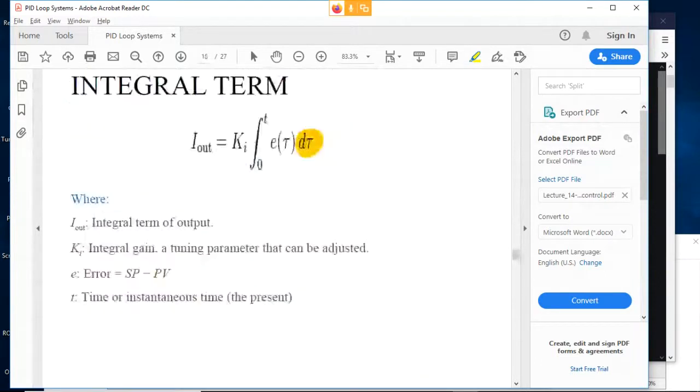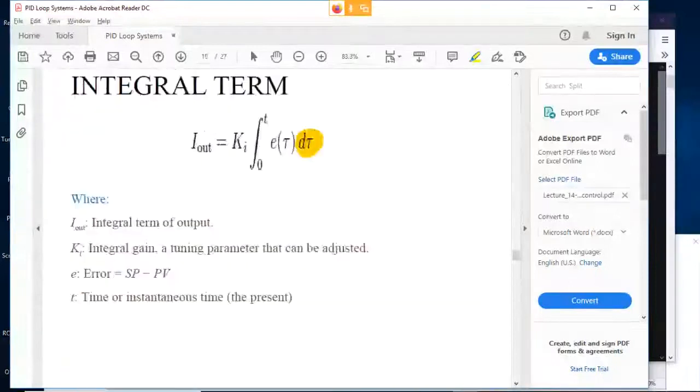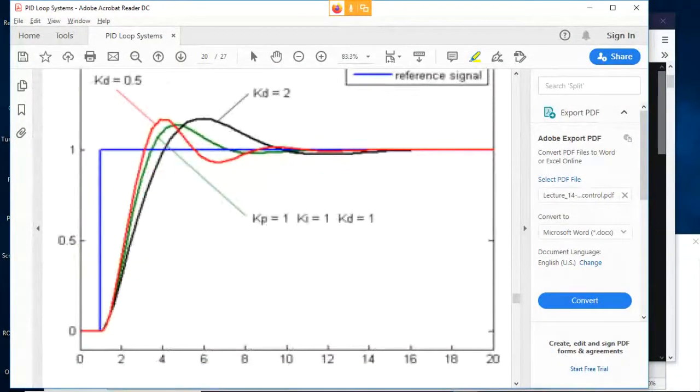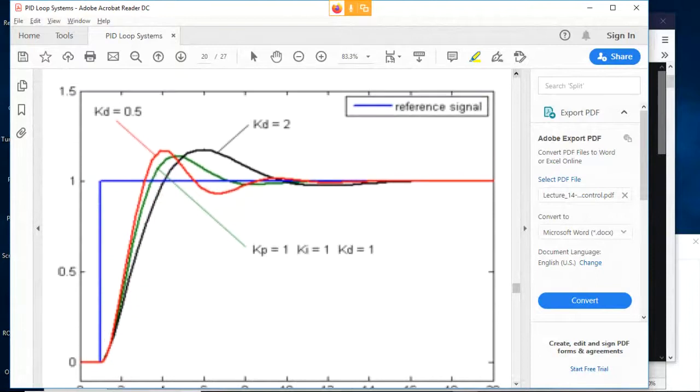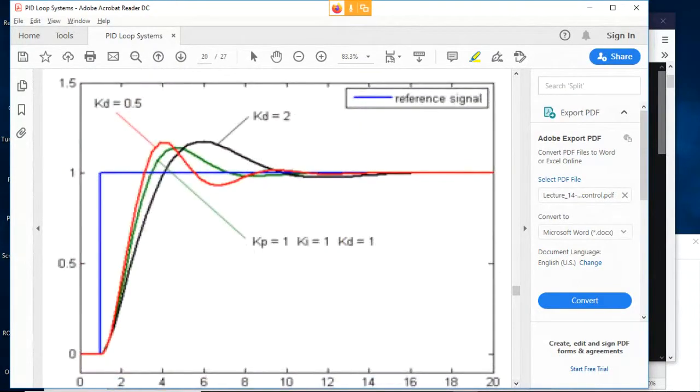All right, so if we look here for the integral, I thought I had a plot showing just changes in the integral. Well, this is a derivative plot here. So here's the plot of the derivative, and you see, again, the derivative will not affect your final value at all.